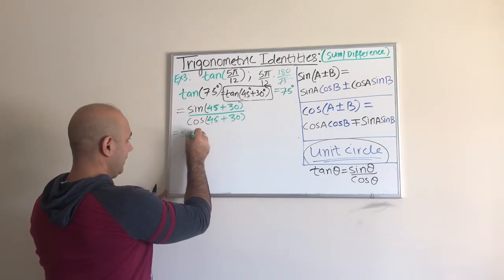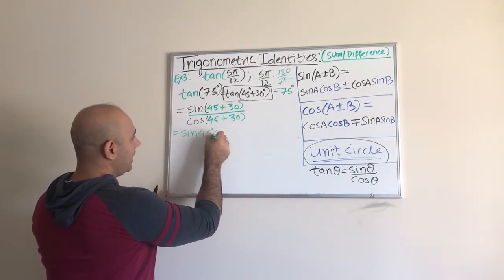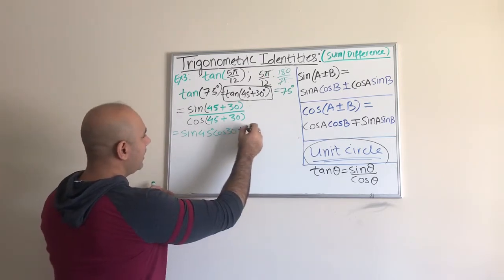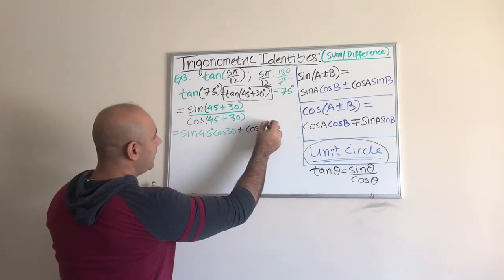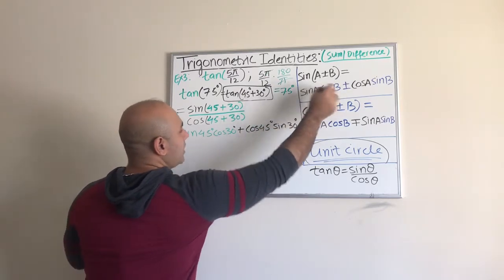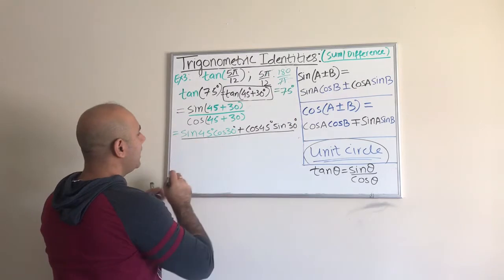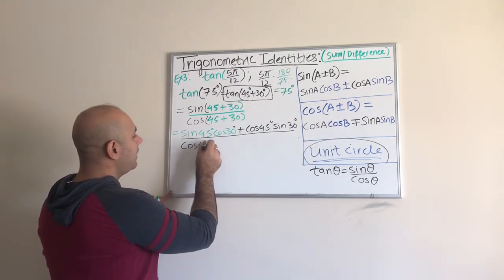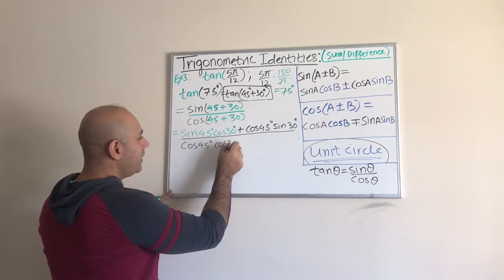So what do I have? I have sine of 45, then cosine of 30, right? Then plus cosine of 45, and then I have the sine of 30. I'm just simply using the sum upstairs, and then downstairs I have to use for the cosine. So I have cosine of 45, then cosine of 30.